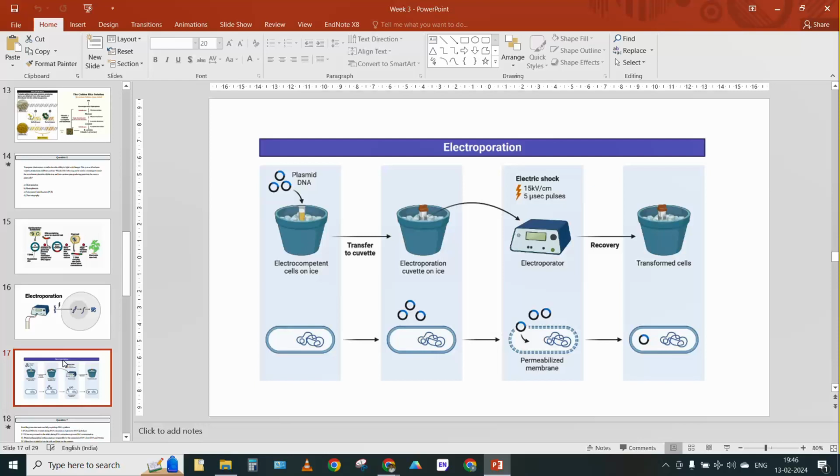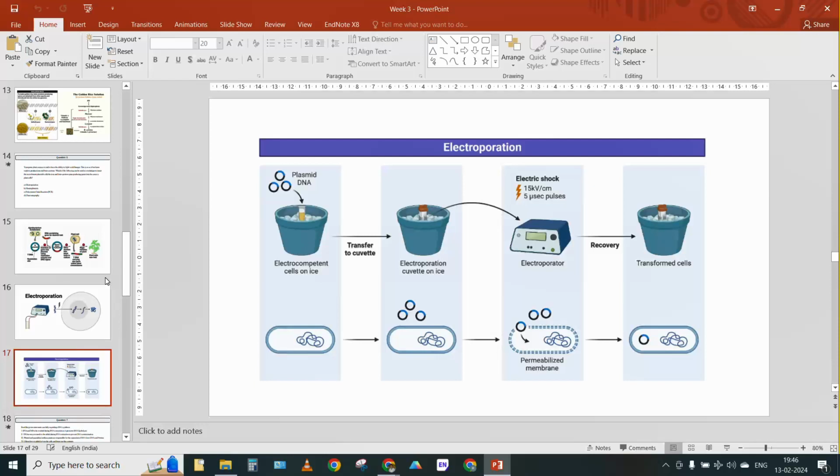Once the electric pulse is turned off, the pores start to close and the cell returns to its normal state, and some of the molecules taken up by the cells are trapped inside as the membrane reseals. If the electric field allows the membrane defects to reseal, it is reversible electroporation. While if the defects persist, it is irreversible electroporation, leading to cell death.